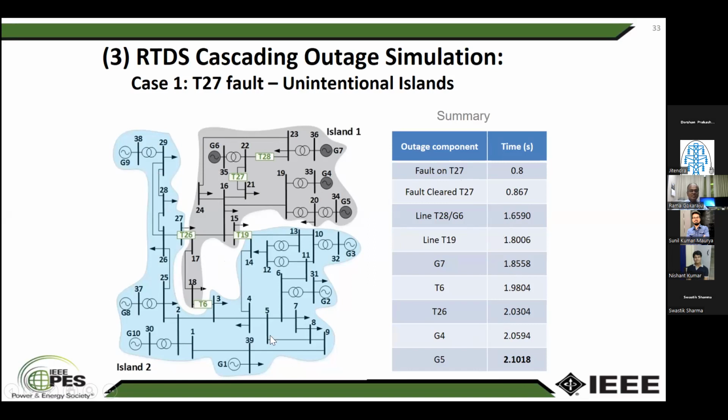The rest of the system is intact. Creating such a scenario is not very easy. We have to do various hit and trial and then implement these overload conditions to create this kind of cascading event scenario.